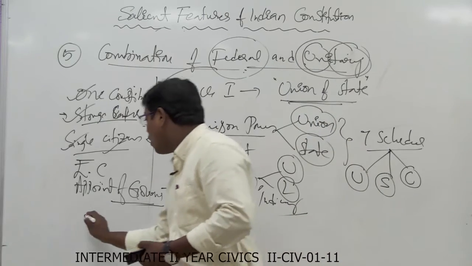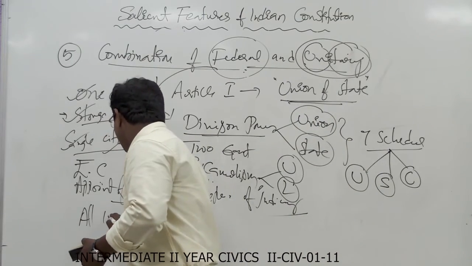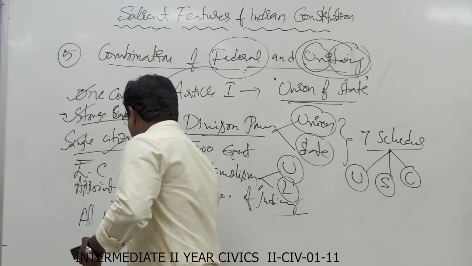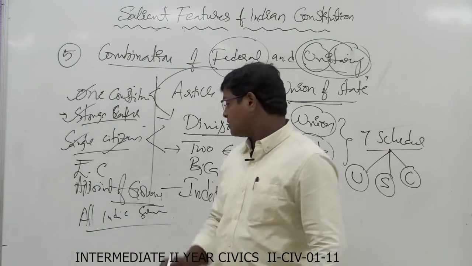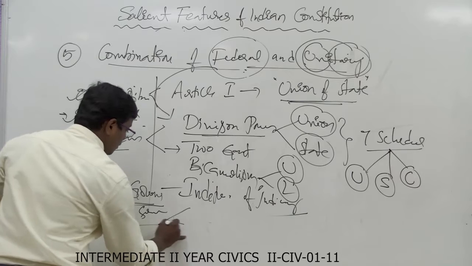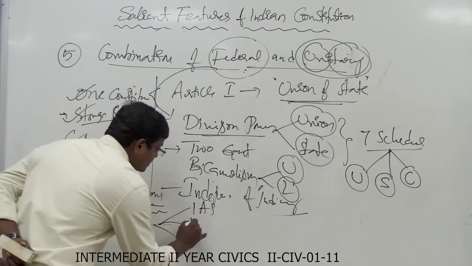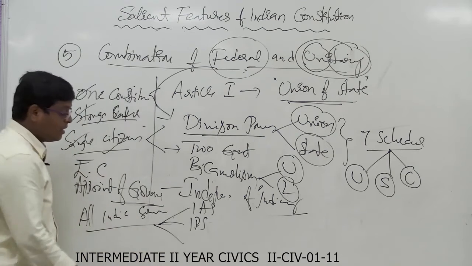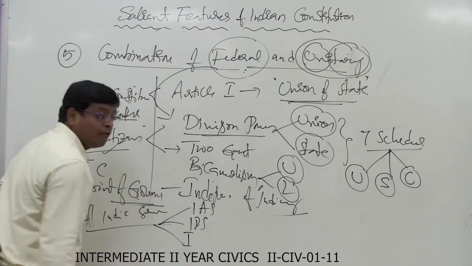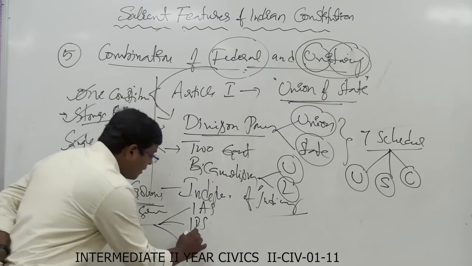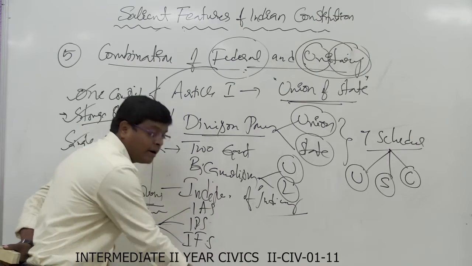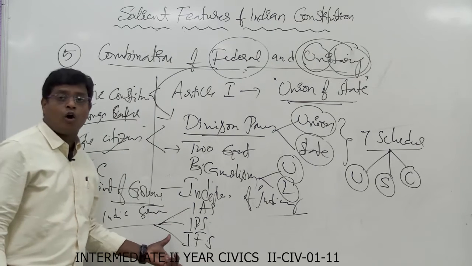At the same time, all India services. There are three all India services. One is IAS, Indian Administrative Service. Another is IPS, Indian Police Service. And finally, Indian Forest Service. Not Foreign Service. These three are the all India services.